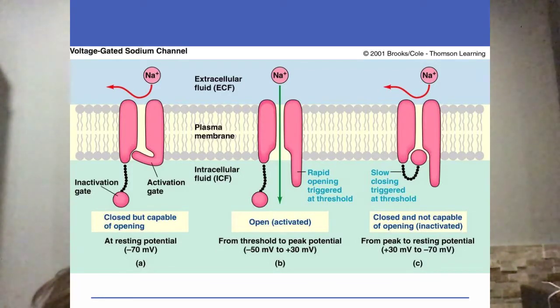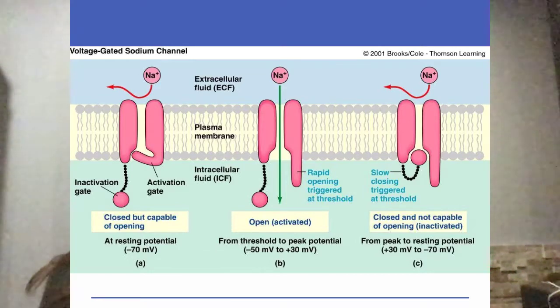The position of those two gates tells us that while the channel is closed and sodium isn't allowed to come in, it can't cross the membrane by itself. It needs an open channel. So while the activation gate is closed, this voltage-gated channel has the potential to be stimulated to be opened. Okay, it's ready to go. It's just waiting for a change in that resting potential.